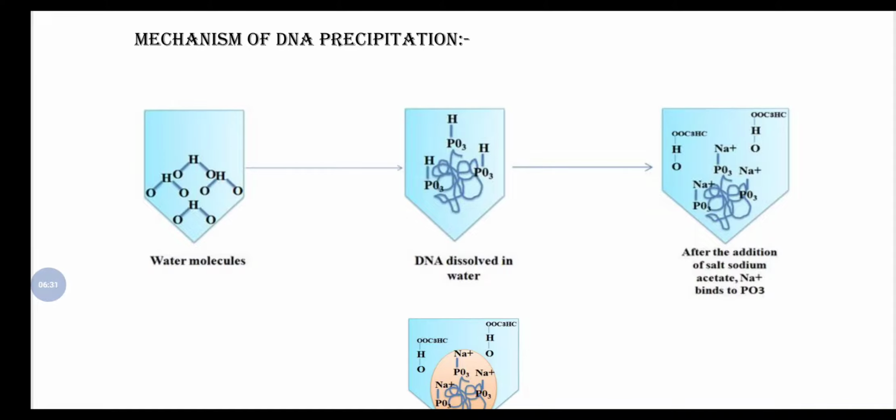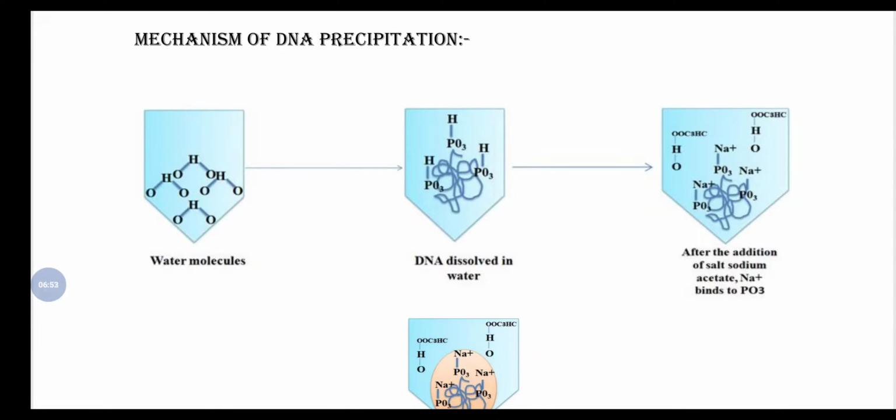Because it has a partial negative charge on the oxygen and a partial positive charge on the hydrogen atom. Now this hydrogen atom, which is electrostatically free, reacts with the negatively charged phosphate group of the DNA.